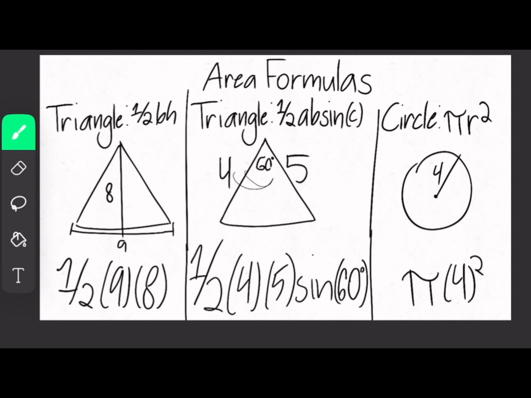And then we learned this triangle area formula, can't remember when: 1/2 AB sine C. And then the circle area formula, which is pi radius squared.